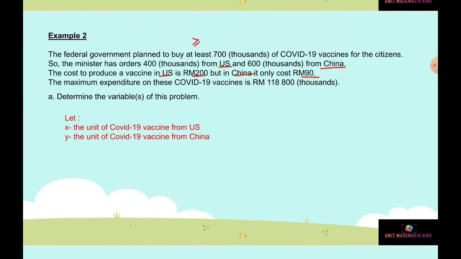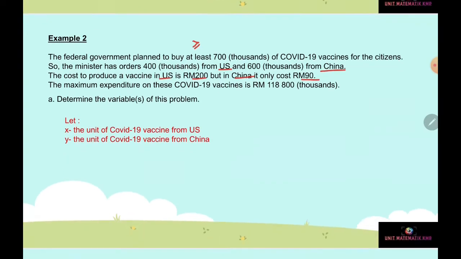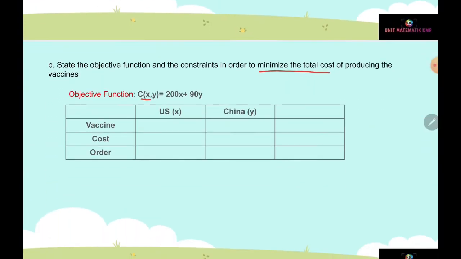The federal government plans to buy at least 700,000 COVID vaccines, which means that from the US plus from China must be at least 700,000. So we get 1 and 1, at least 700,000.